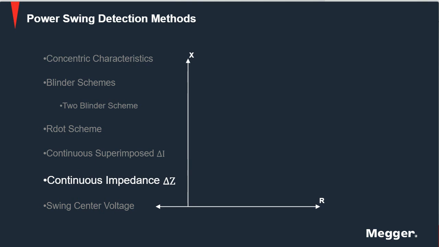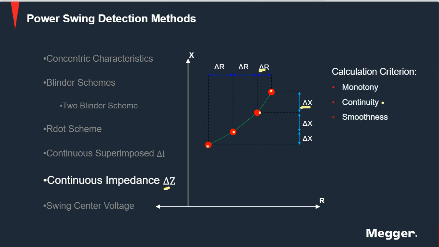Now there is the continuous impedance variation. Here we rely on the change of the impedance, measuring the change in resistance and the change in reactance on consecutive points in the characteristic. Then we have three criteria: monotony, continuity, and smoothness.